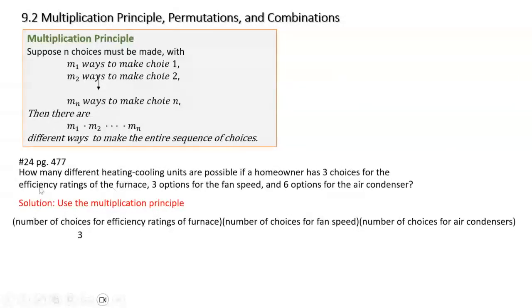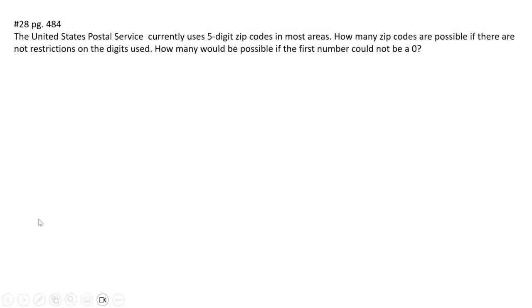The number of choices for the fan speed will be also 3. And the number of choices for the air condenser will be 6. So by using the multiplication principle, all we do is multiply 3 times 3 times 6, and that will give us 54. This is how we use the multiplication principle. So 54 different units are possible.